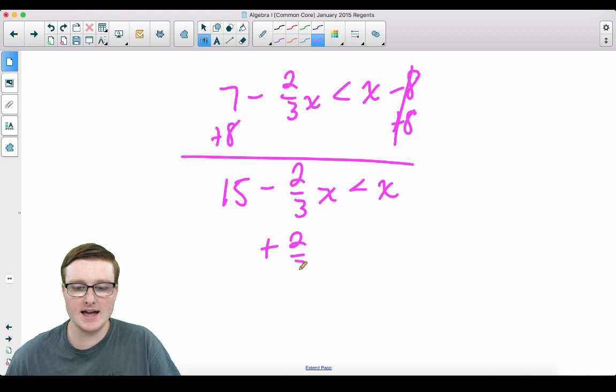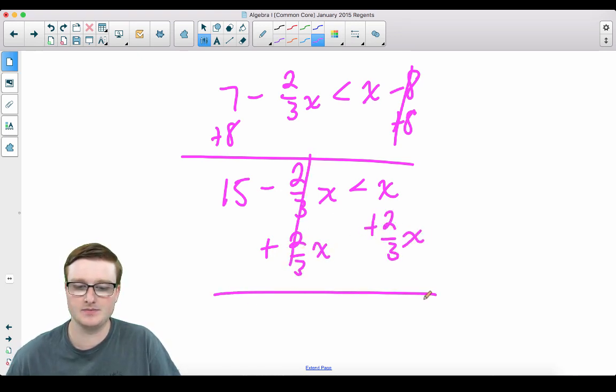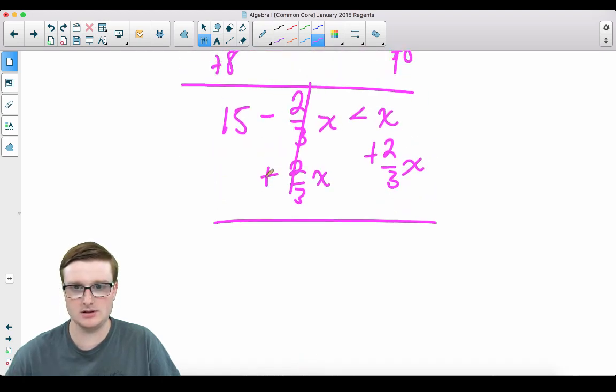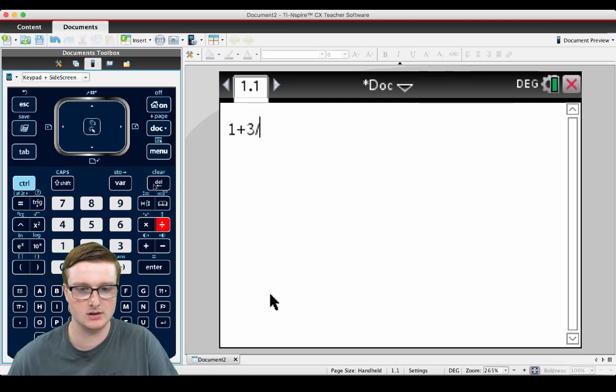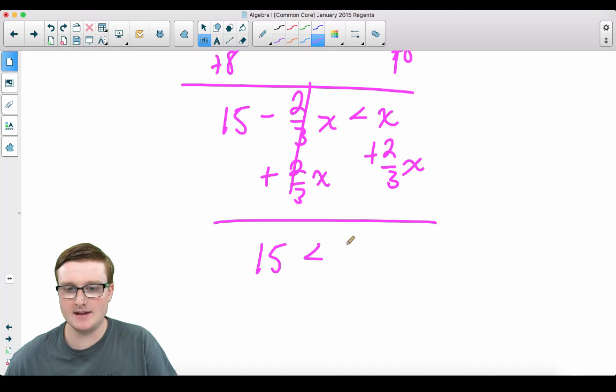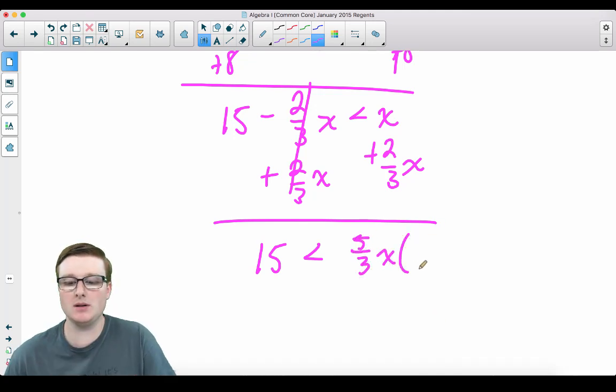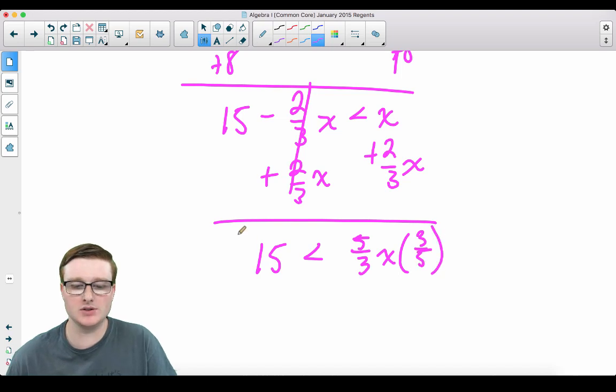I am then going to add that 2/3 x on both sides. So we get, looks like 15 is less than, let's see, what is 1 plus 2/3? 1 plus 2/3, that is 5/3. So we get 5/3 x, right? Now I'm going to multiply by 3/5 on both sides.